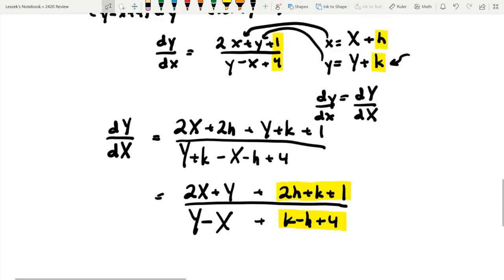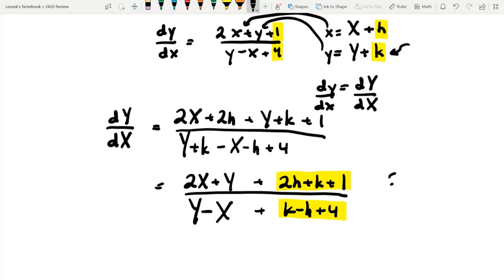So that way we get a homogeneous differential equation. So that gives you a system of two equations, two unknowns. So we want 2h plus k plus 1 to be 0, and k minus h plus 4 to be 0. And then you solve this system, whichever way you've learned. It's two equations, two unknowns.